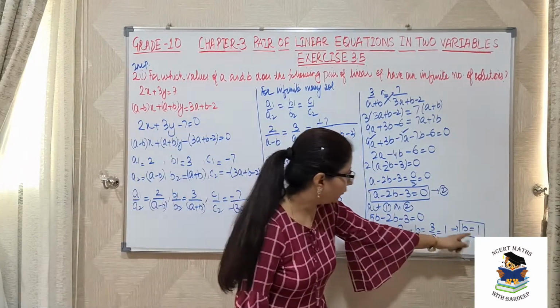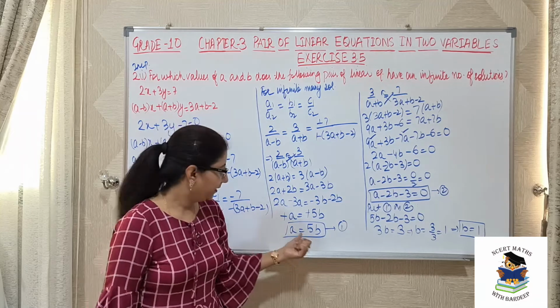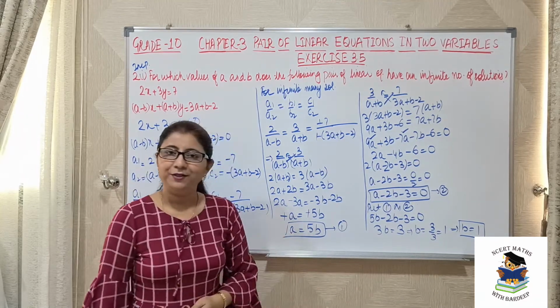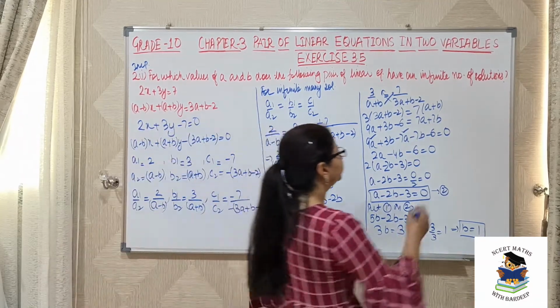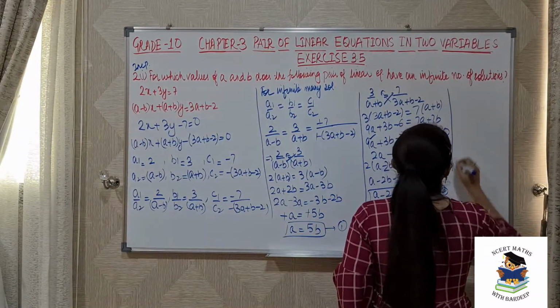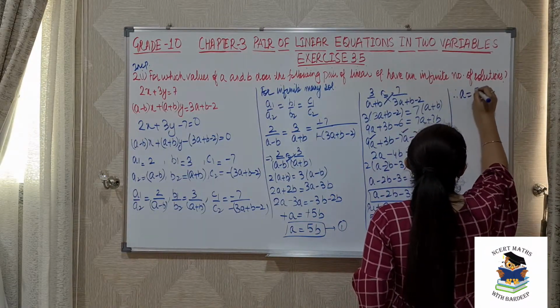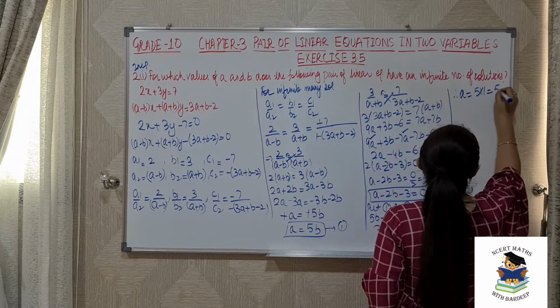Once we have the value of b, we will substitute it here and the value of a will be 5 times 1, that is 5. Therefore, a equals 5 into 1, this is 5.